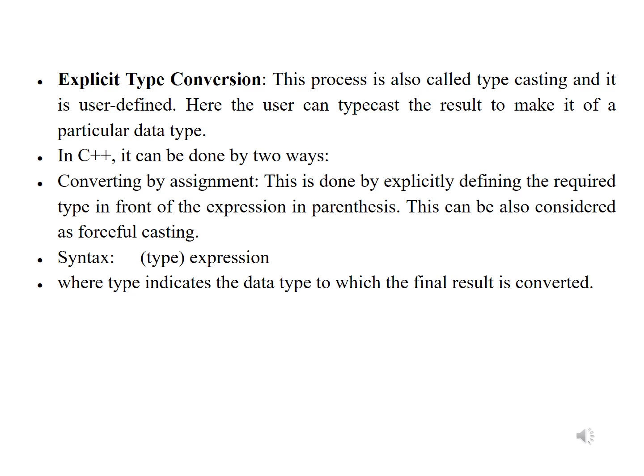This can also be considered as forceful casting. The general syntax is the type, written in brackets, and the expression, where the type indicates the data type to which the final result is converted.